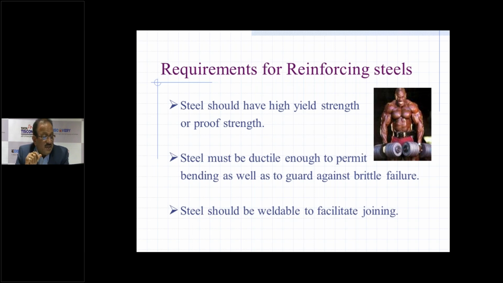It should be ductile, and steel should be weldable to facilitate joining. Many times this reinforcement is to be welded also. Many consultants recommend it in particular situations. Normally we tie the steel with binding wire, but in many situations welding is also recommended by a few consultants. So steel should be weldable.